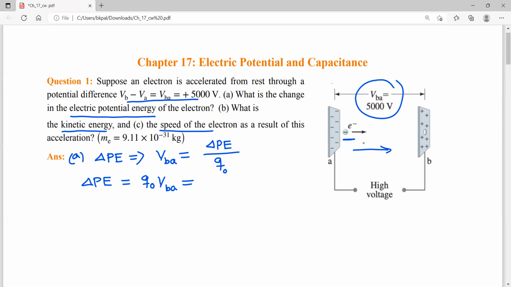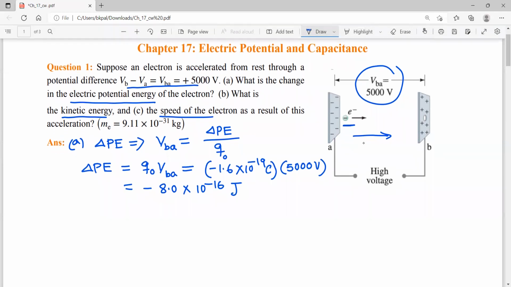In the last chapter we learned that the electron charge is negative 1.6 times 10 to the power minus 19 coulomb, and the potential difference between B and A is 5,000 volt. So the change in potential energy is equal to negative 8 times 10 to the power minus 16 joule. Okay, so this is the first one.